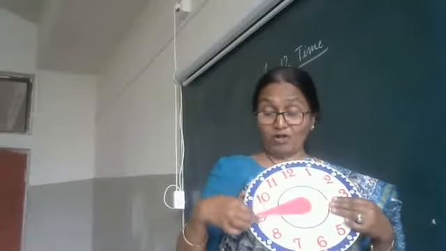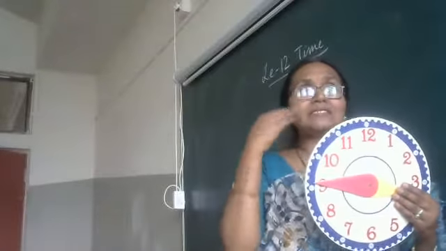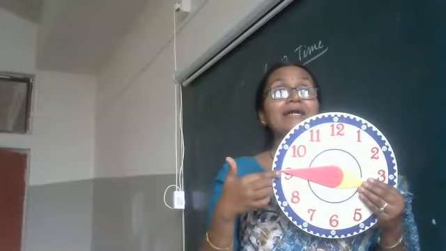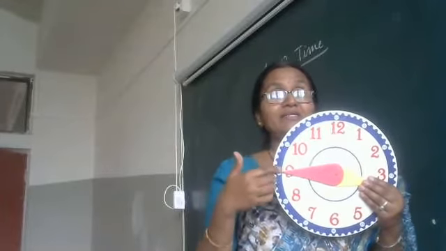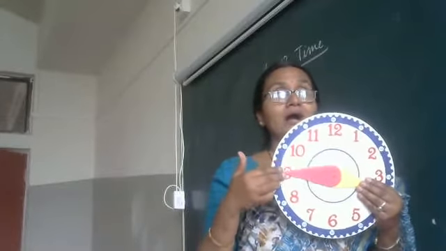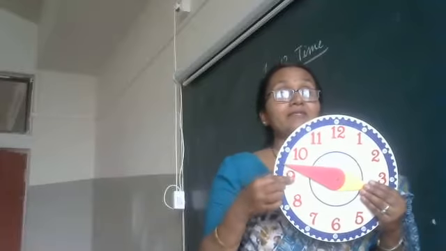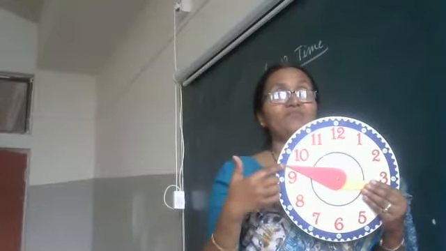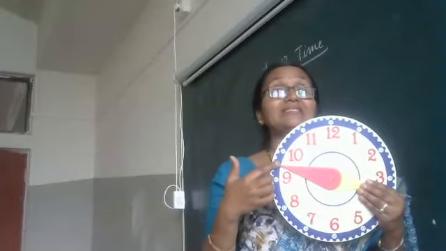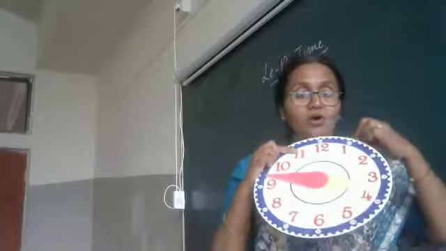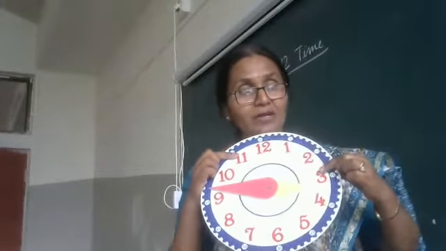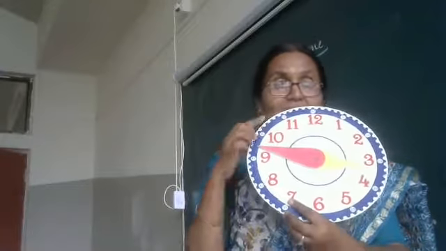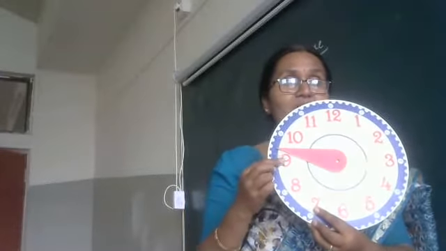Now, 45: whenever the long hand, the minute hand, is at 9, what is that minute? 45. You can see: 5, 10, 15, 20, 25, 30, 35, 40, 45.